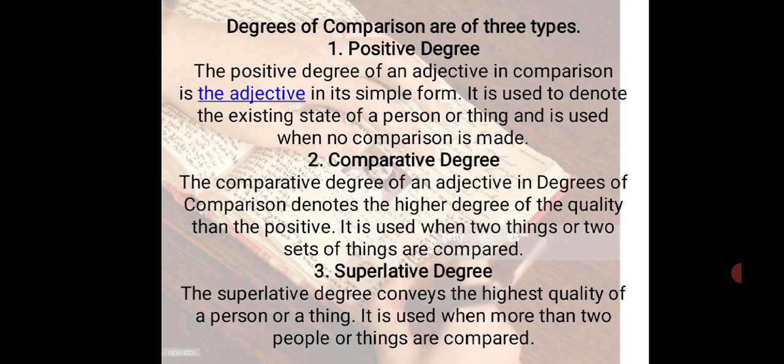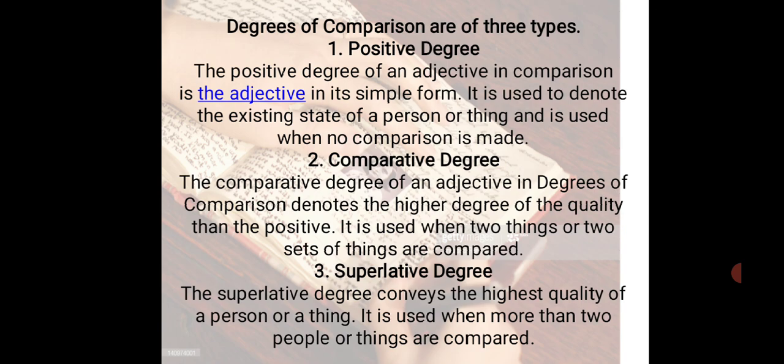That means what is positive degree? Positive degree means it is used to denote the existing state, in whichever state the person or the thing belongs, and is used when no comparison is made. Simple, try to understand.